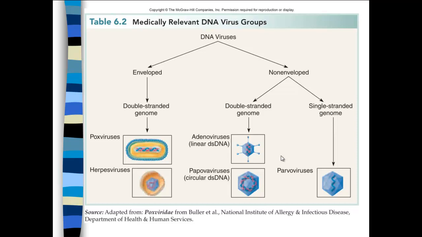And then if it's a double-stranded genome in an enveloped virus, a pox virus has a helical capsid, and a herpes virus has an icosahedral capsid. So out of this, I would want you to know the broad classes, and I will be very, very specific on the review sheet as to which viruses you should know, which are the most important. I would certainly know parvovirus and reovirus at this particular point in time.